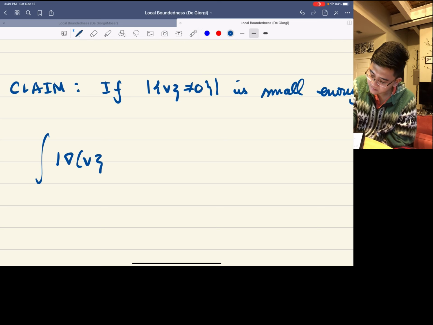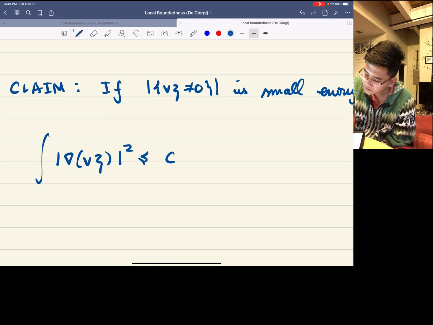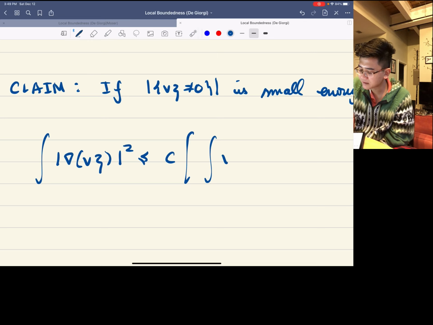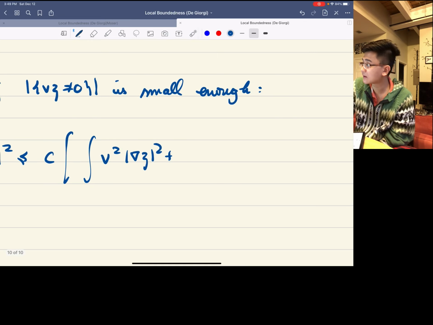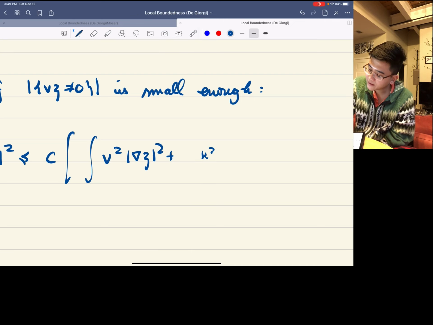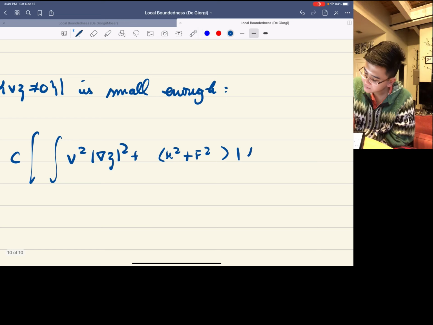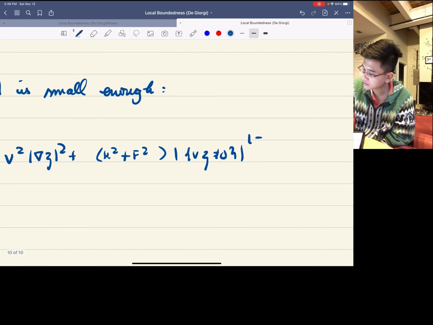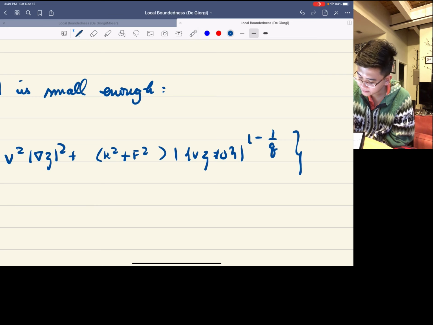The integral of grad of v zeta squared is less than or equal to a constant times v squared grad zeta squared plus k squared plus f squared times the measure of v zeta not 0 raised to 1 minus 1 over q.